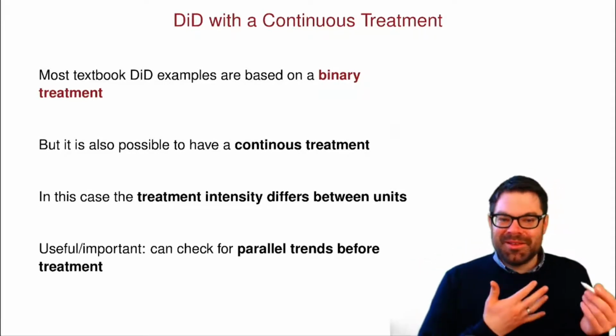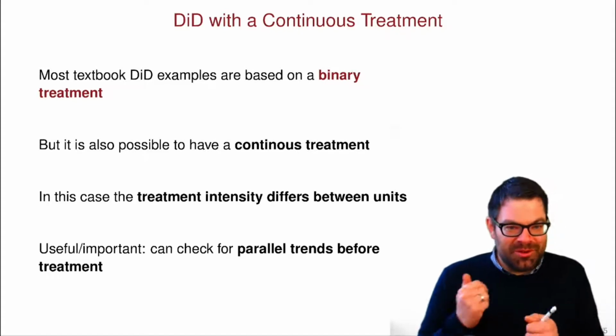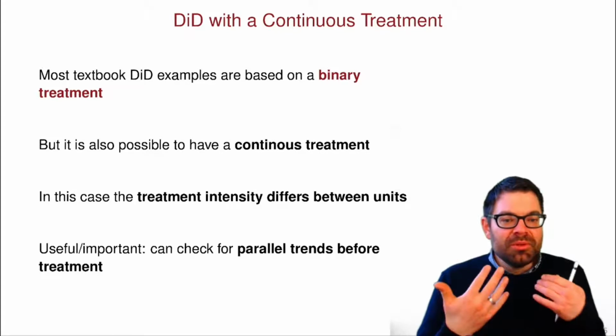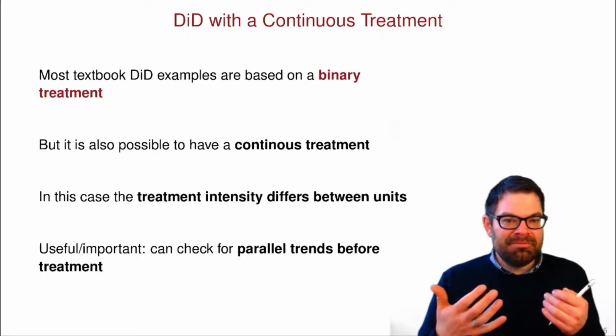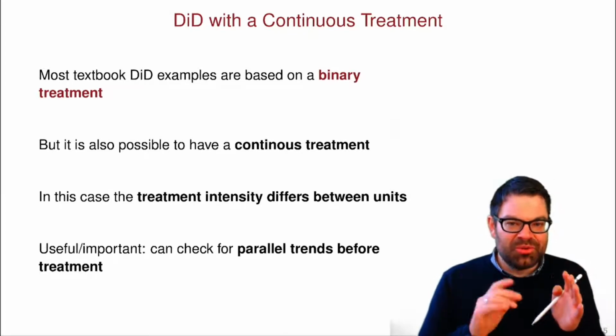So a state introduces a certain policy. So you're either exposed to the policy or you're not exposed to the policy. So that's binary. But you can do the same with a continuous treatment. The interpretation may be a little bit more tricky, but it's not so tricky.